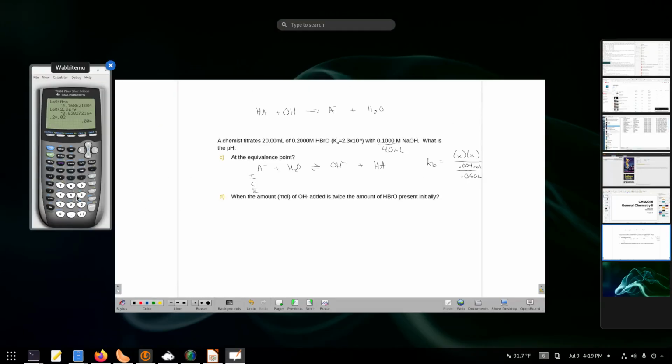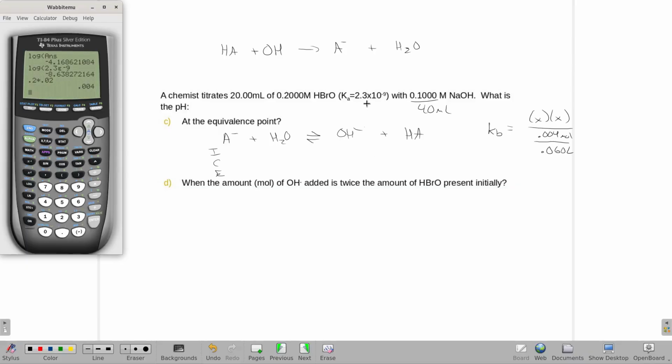Alright, so we've got to do a couple things. I gave you the Ka, we need to get a Kb. So I'm going to do 1 times 10 to the negative 14th divided by 2.3 times 10 to the negative 9th. That'll be a Kb now.